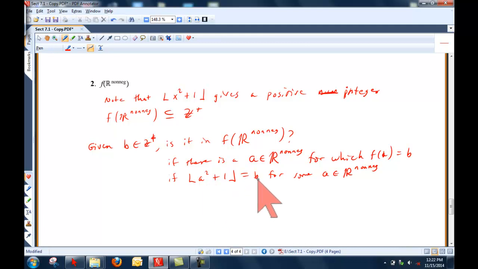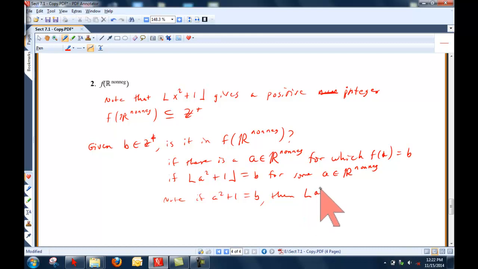Okay, so b is fixed for a moment, and I say, man, can I find something that really makes this equation true? And the floor is what makes it look tricky, but if you think about it, if a squared plus 1 itself is equal to b, then the equation is true, right?